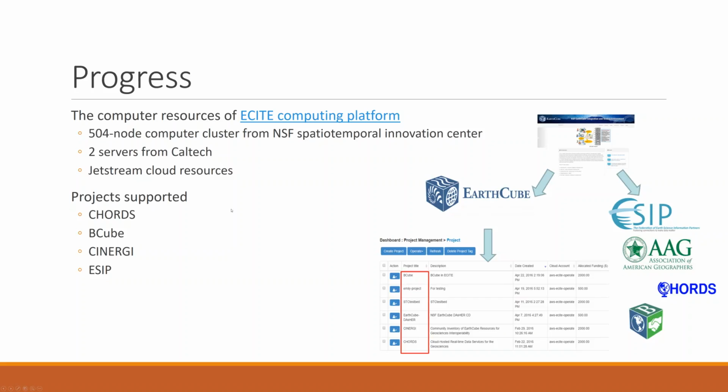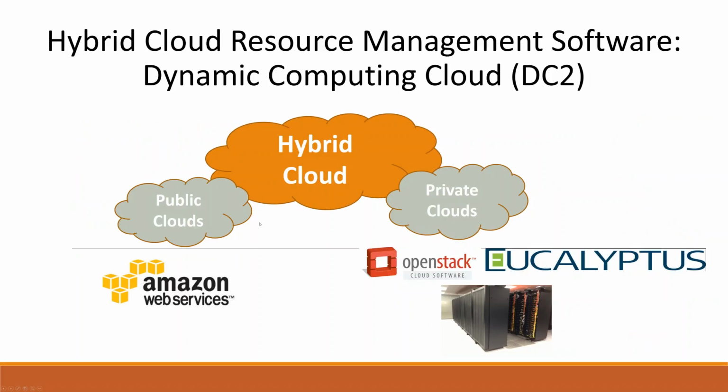And the projects, we're working with them to have them working in this environment, including CODES, BCube, Synergy, ESIP, and several other projects. And the management of this is based on what we call the Dynamic Computing Cloud, DC2, software, which provides hybrid management of public clouds like Amazon, but also can manage OpenStack and Eucalyptus-based private clouds.